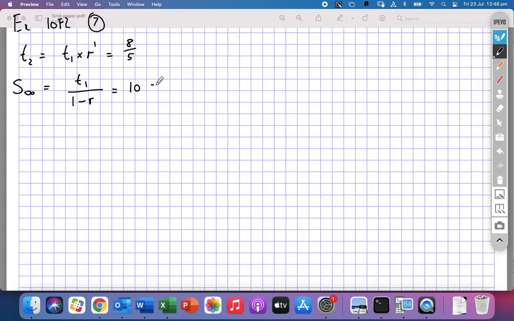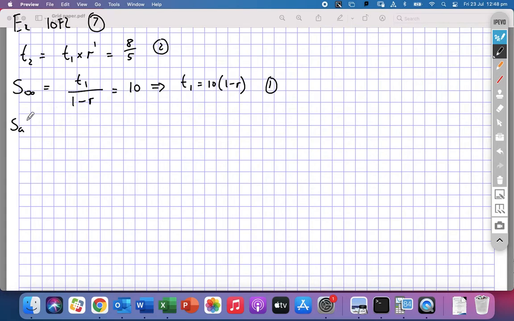Okay, we could rearrange this one and say T1 equals 10, 1 minus R. Although maybe it's easier to rearrange the other one. I'm not sure. Well, I've done this now, so I'll use that.